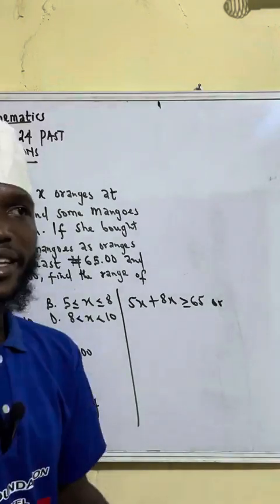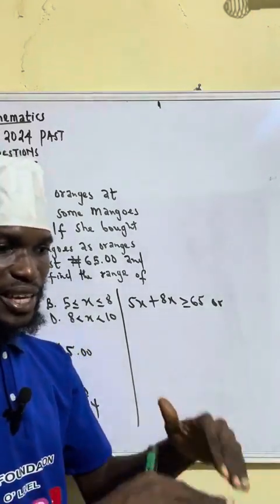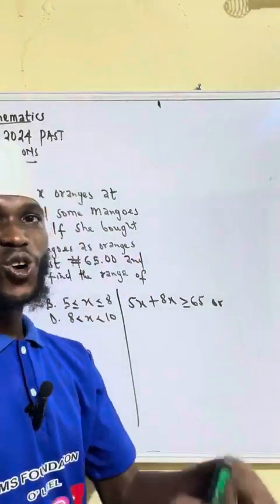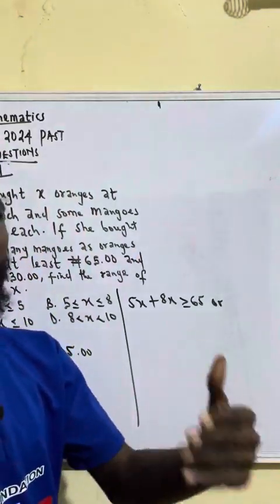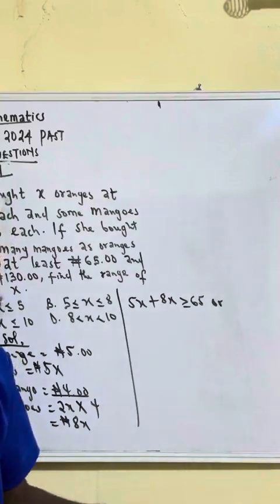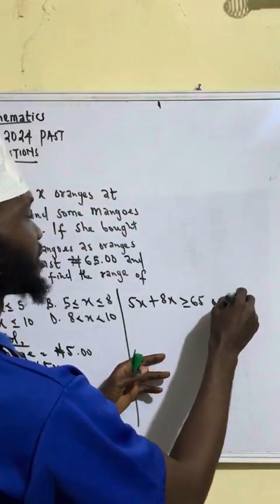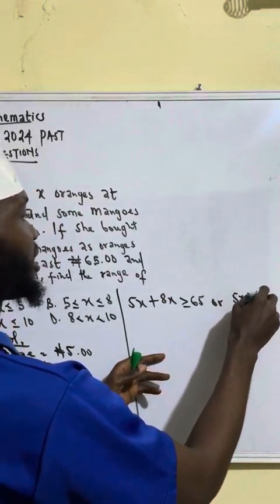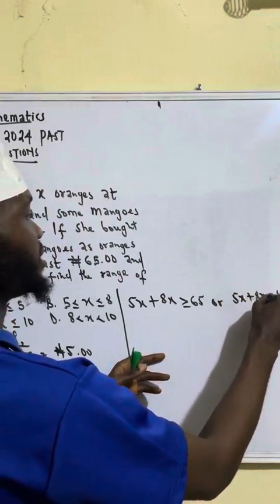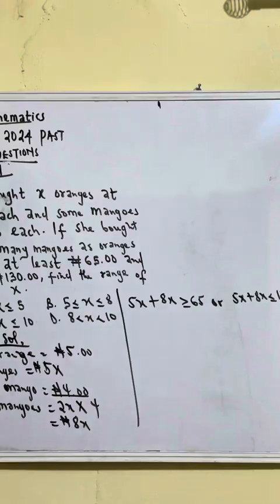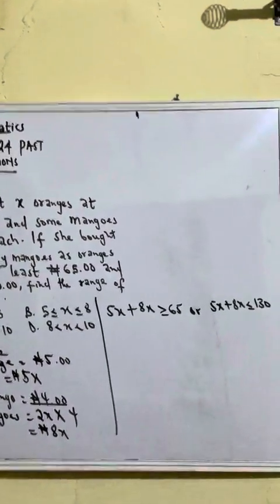It means she spent 130 or less, so that will be less than or equal to 130. So we have 5X plus 8X less than or equal to 130.